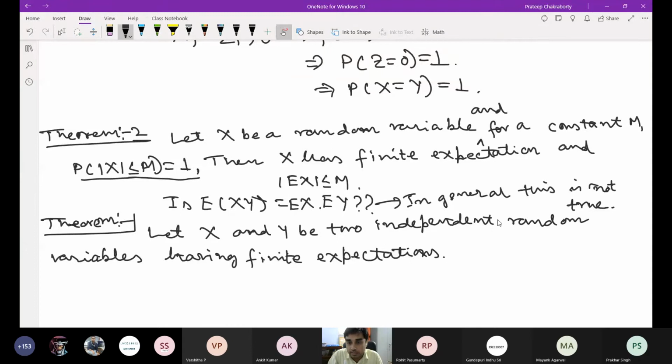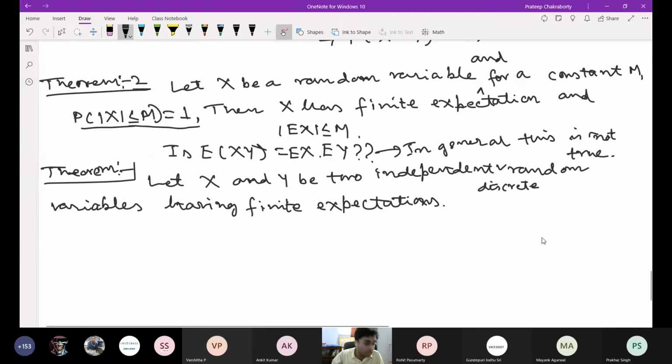So this is discrete. Everything we are doing so far is about expectation on discrete random variables. So these are independent, which is very important.